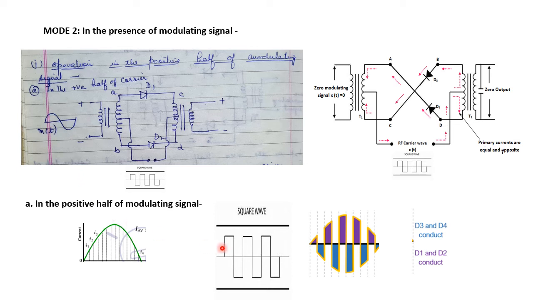For the duration in which the positive pulse of the square wave is being applied, whatever signal is present in the input will be reflected at the output. This can be seen from the figure. This is the output voltage of the modulator.